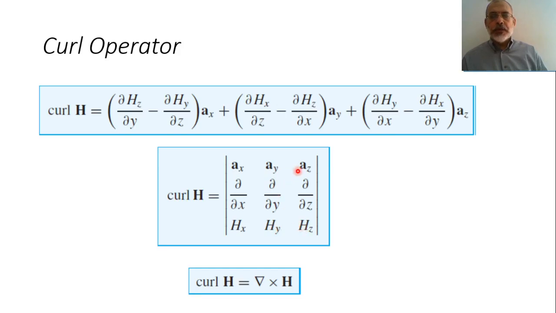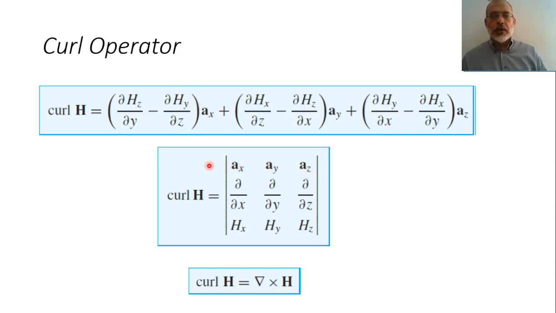Let us take the first one, for example. If we eliminate the first row and the first column, the ax component would be partial Hz by partial y minus partial Hy by partial z, in the x direction.